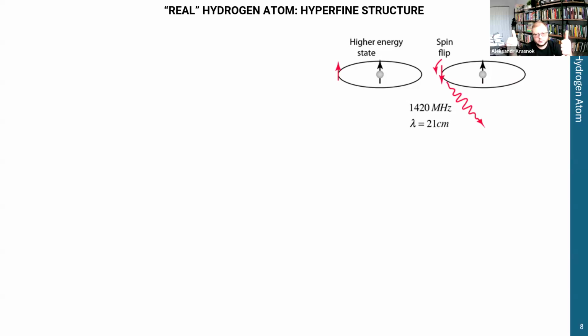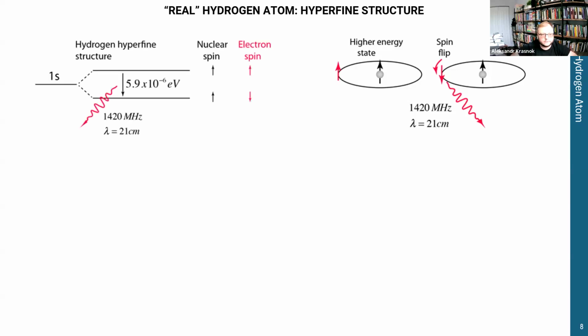And now again we have the case of two magnets, one from the nuclei, another from the electron, and then they can align either coincide or oppositely oriented. These two configurations have different energy, and as a result, we get this hyperfine splitting of all states, including state 1s.